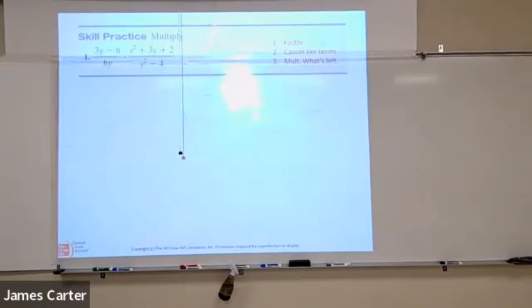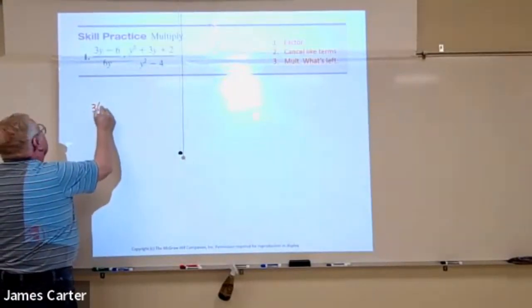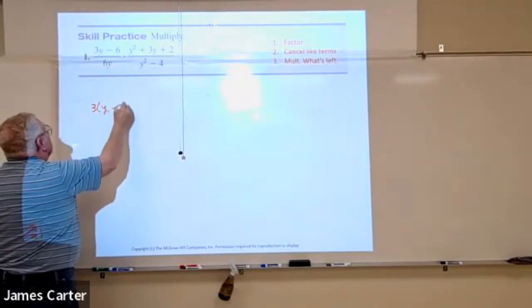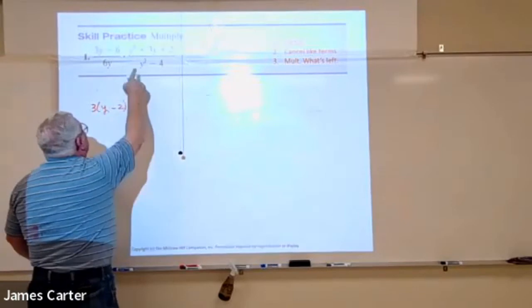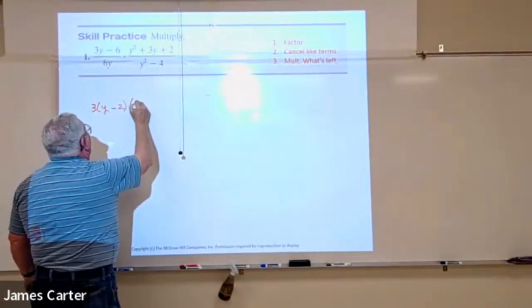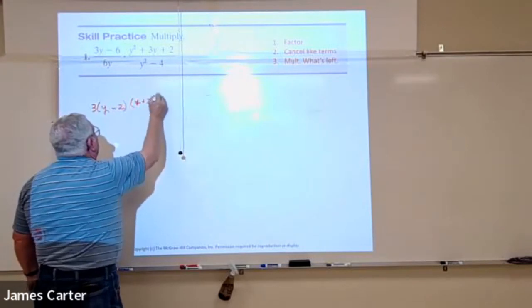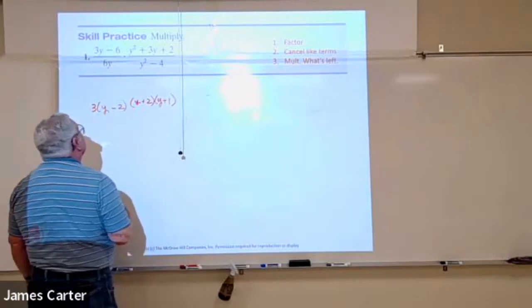Okay, this one's getting a little more complicated. I'd be sure and write this one down. So the first term, I've got 3 times y minus 2. And this one gives me y plus 2 times y plus 1 when I factor it.